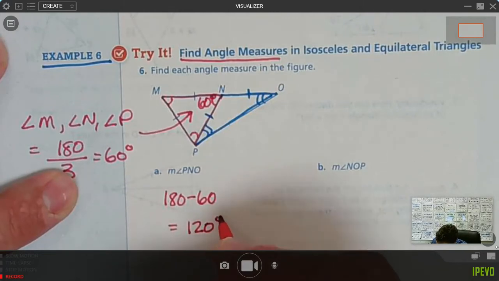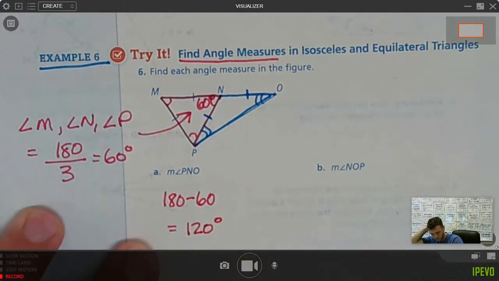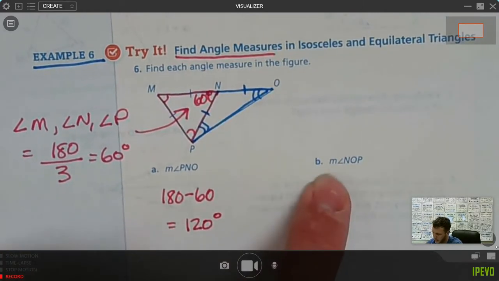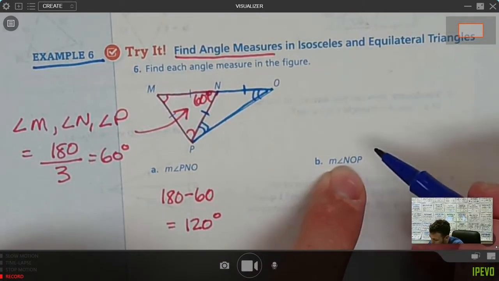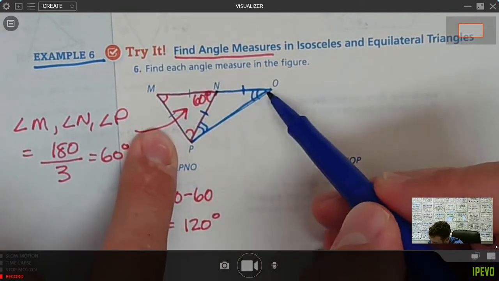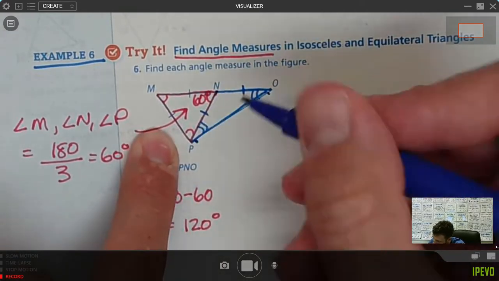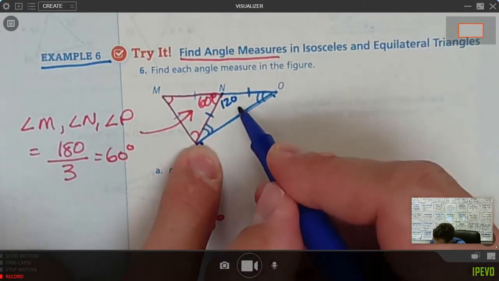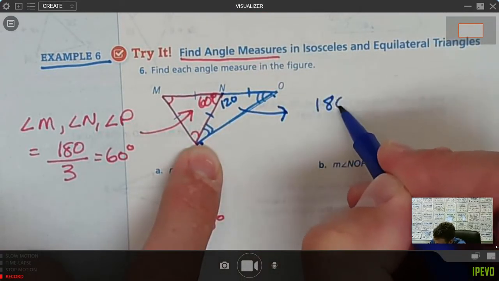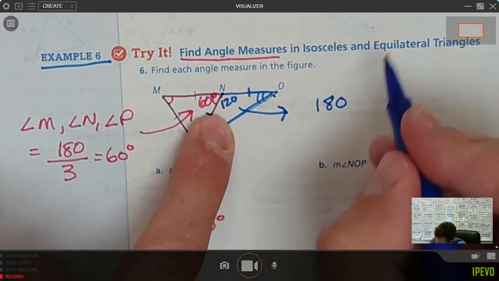Next, we're looking for angle NOP. Now, this is 120. If the whole triangle equals 180 and this angle is 120, I'm going to subtract 120 to get 60 left.